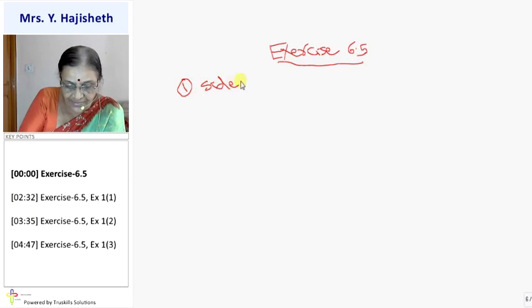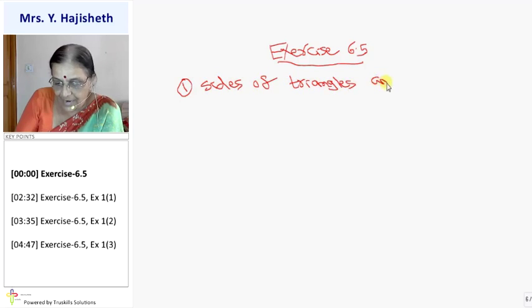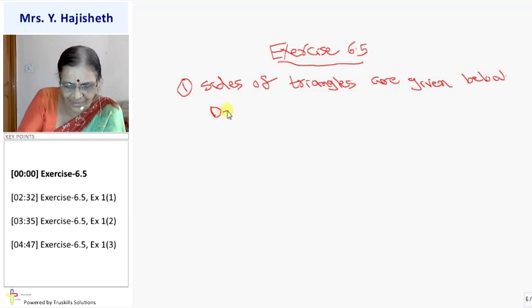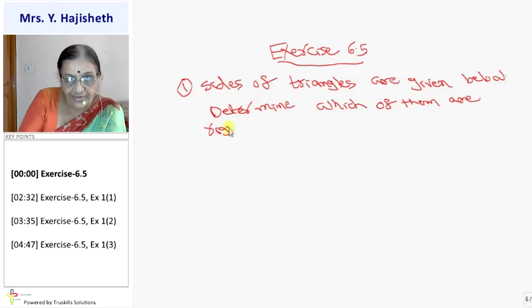The first sum: sides of triangles are given below. You are given sides of triangles. It's an objective question. Determine which of them are the sides of a right angle triangle.